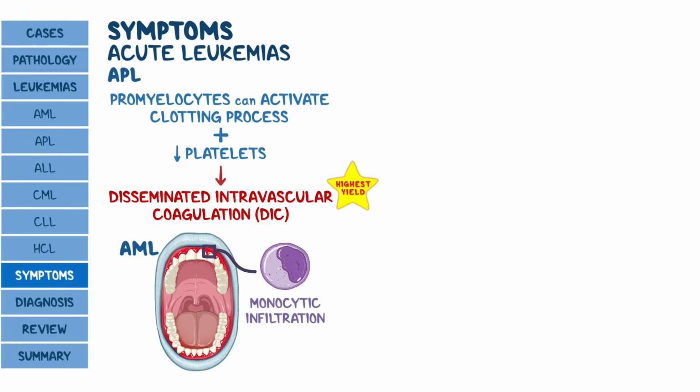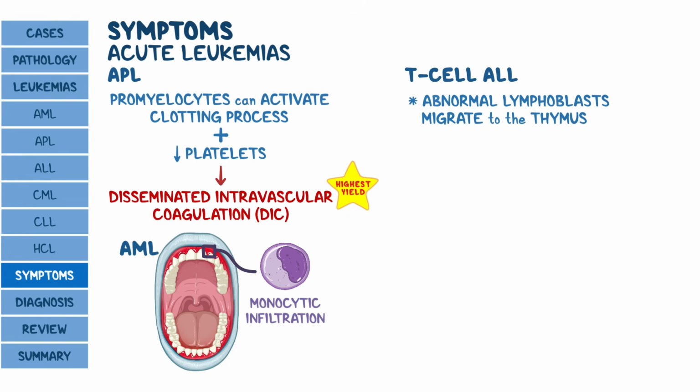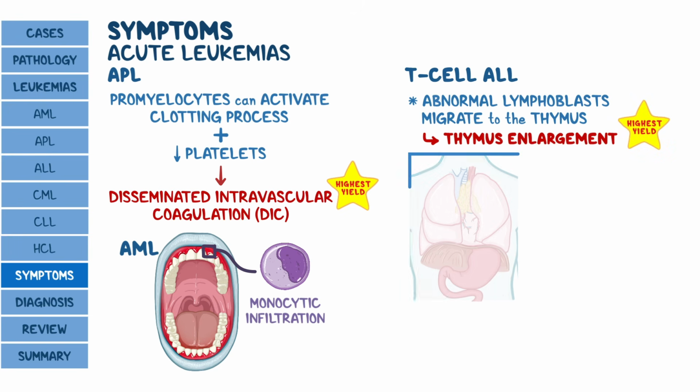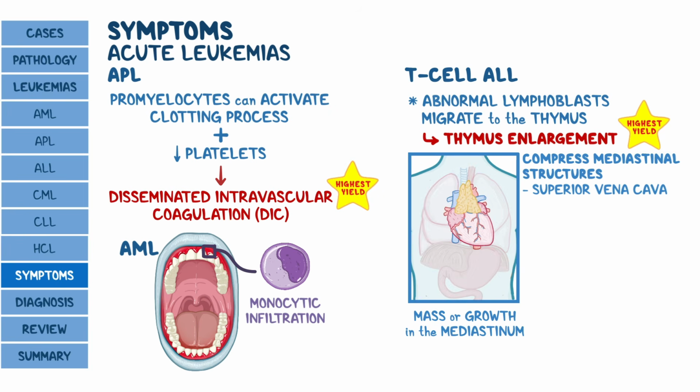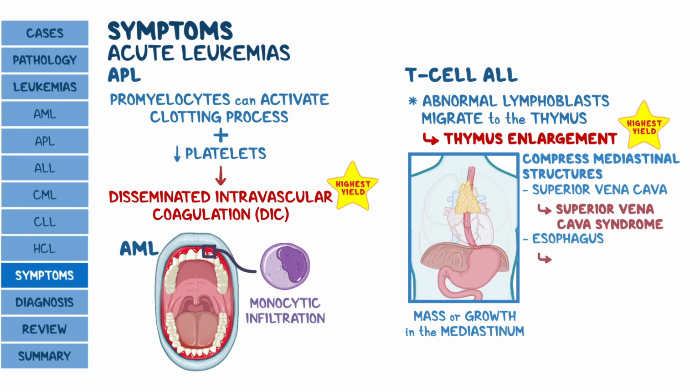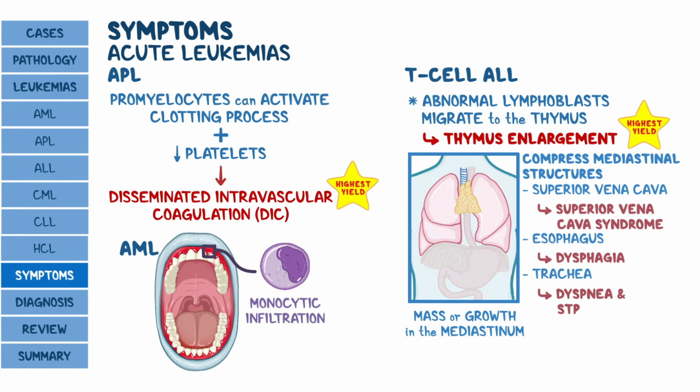A key clinical symptom in T-cell ALL is that the abnormal lymphoblasts migrate to the thymus like normal T cells do, and cause thymus enlargement, which can present as a mass or growth in the mediastinum. This mass can compress mediastinal structures, such as large vessels like the superior vena cava, causing superior vena cava syndrome, or the esophagus, causing dysphagia, while compression of the trachea causes dyspnea and stridor.